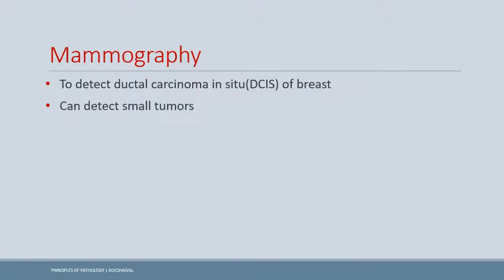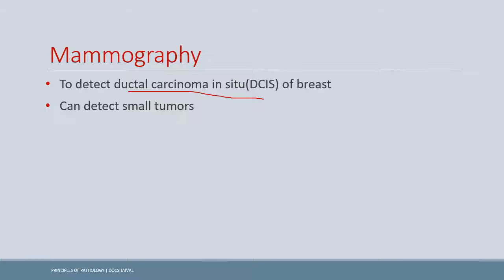The next one is mammography. Mammography involves detecting ductal carcinoma in situ, and that is mainly one thing which is to be done by mammography, and then mammography also detects small tumors. Now, obviously, the smaller the tumor is, the better the prognosis, because it has undergone fewer divisions and it has a lesser size, and then we have more treatment options.